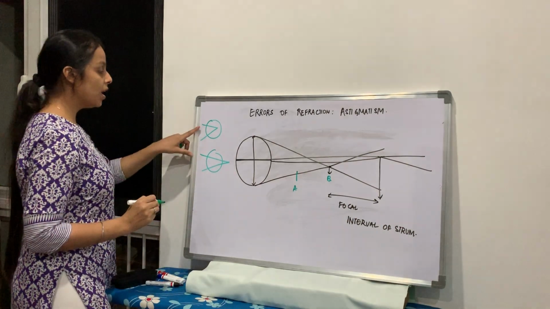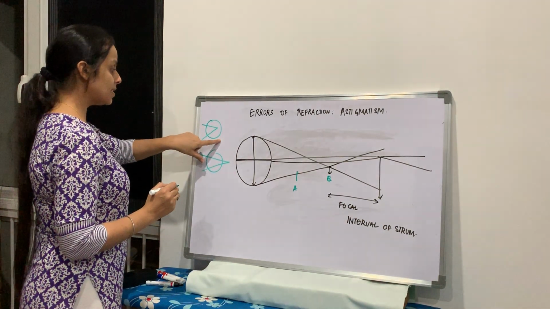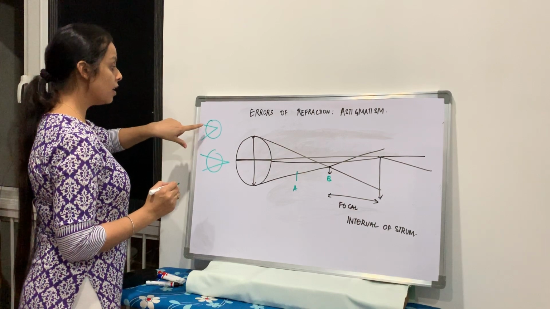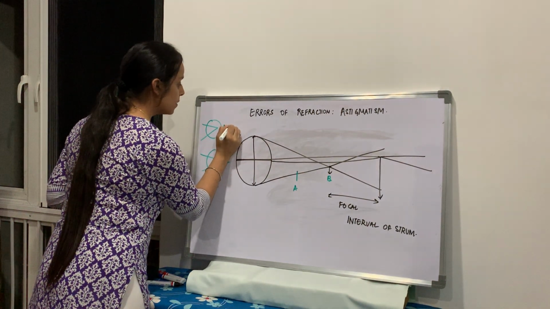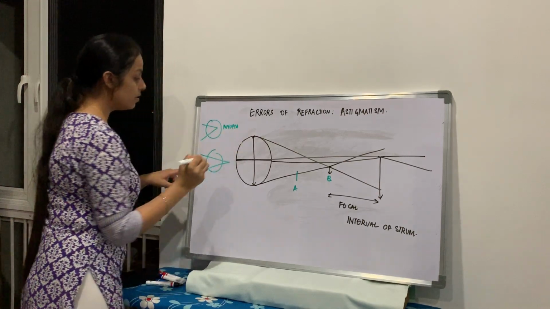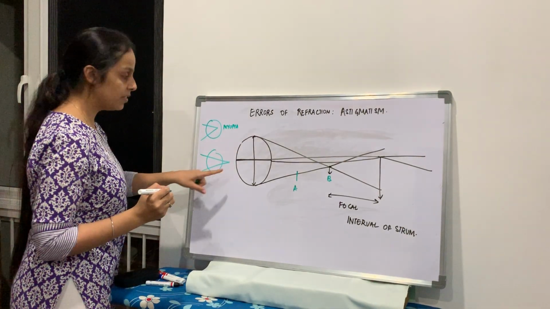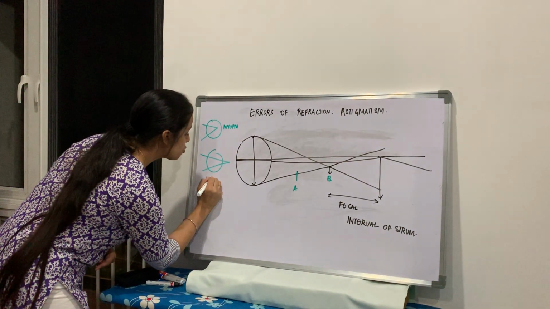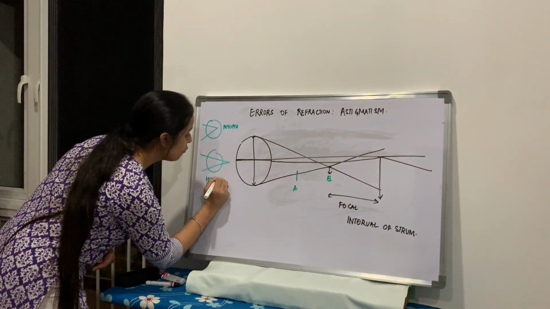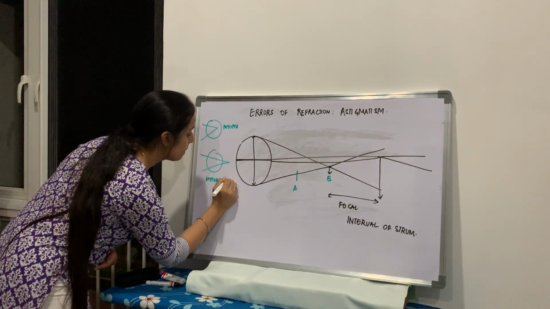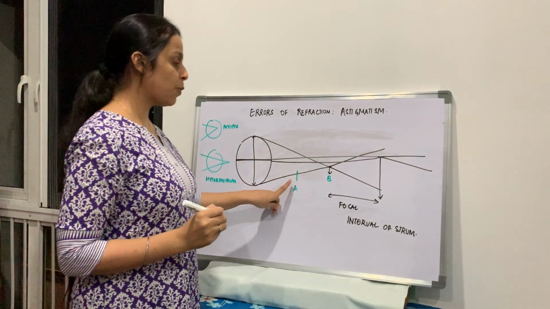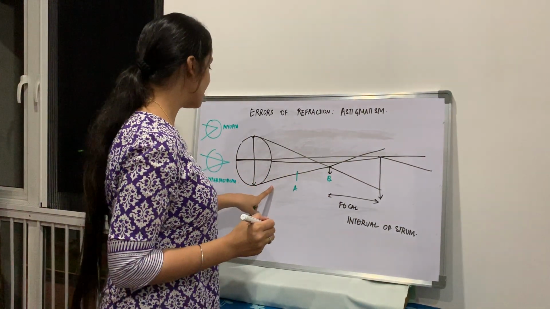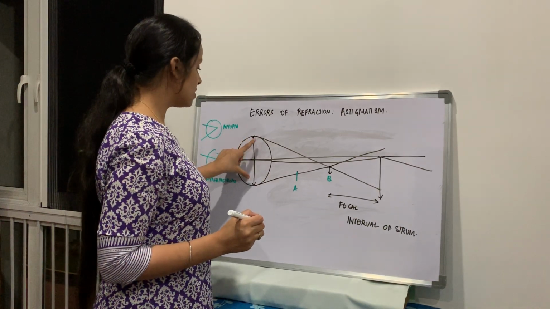So as we all know, in this case the rays of light are getting focused in front. So this is myopia, and here the rays of light are getting focused behind the retina. So this is hypermetropia from previous discussions. So now coming to this point A, we know that rays of light, this is one meridian, this is one meridian.